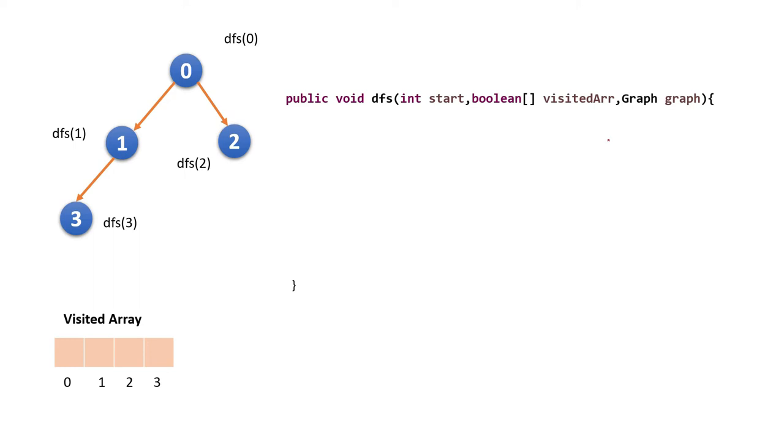What first thing we have to do is print this element. Whatever is my start element, we have to print. Suppose I am starting from DFS 0, at that moment I will print 0 and then we will move forward. Next, I have to mark that particular node as visited. Suppose we are starting from 0, so after the first run we have to make it visited.